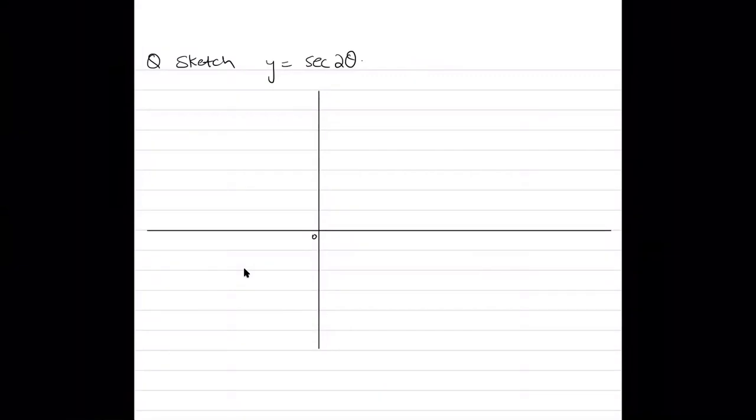So if you remember that secant theta sketch has an asymptote at minus 90 and 90 and the gap was 180, right? Now when you have secant 2 theta, the distance between the asymptotes is going to shrink, and now the gap is going to be 180 upon 2, that is 90 degrees.